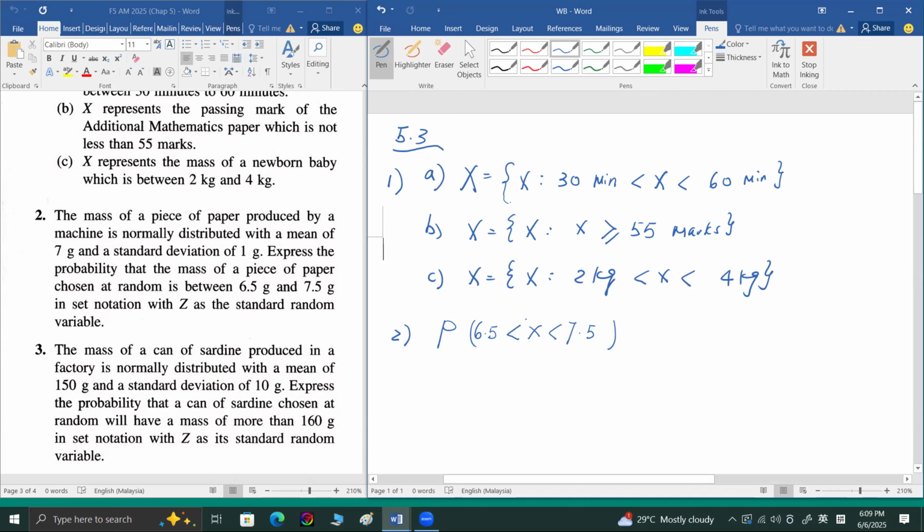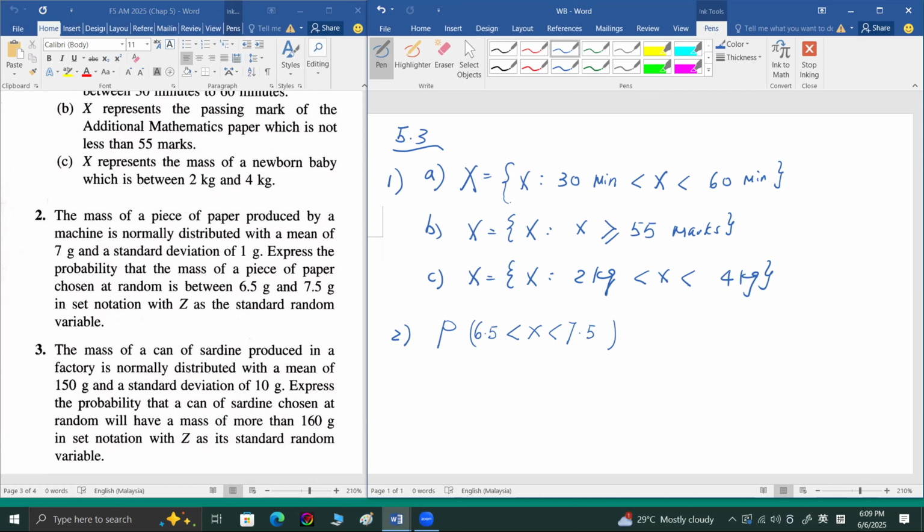So we must change the X to Z. The Z that we call standard score, standard value. So we group them, we change the X to standard value in a special range that we can find in the table or in our calculator. So can you understand the meaning of Z already? Standard score. I repeat, standard score: from X we change to Z.